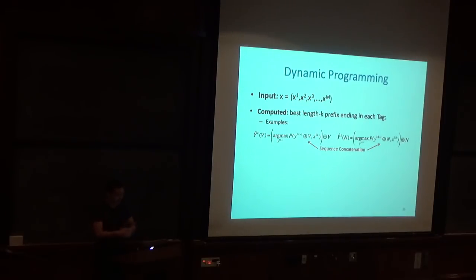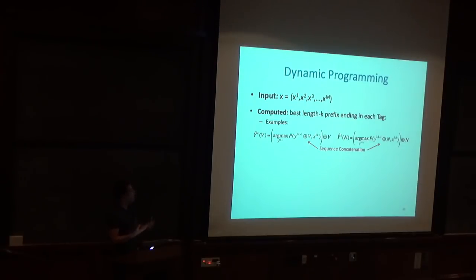So in general, the way dynamic programming works is it looks at the structure of the optimization problem, and it tries to find the minimal set of things I need to keep track of in order to compute the optimal solution for the remaining part of the problem.